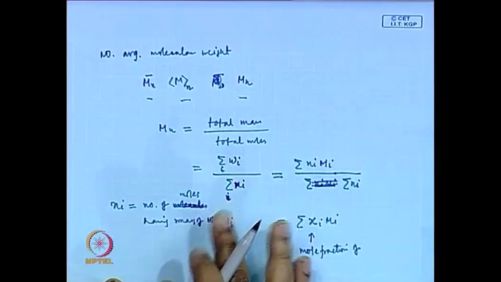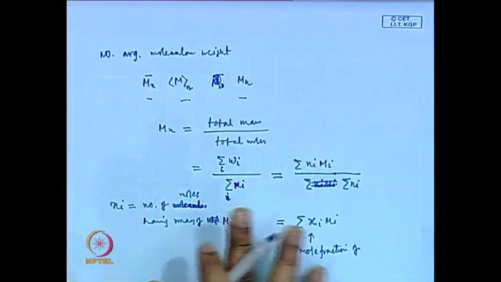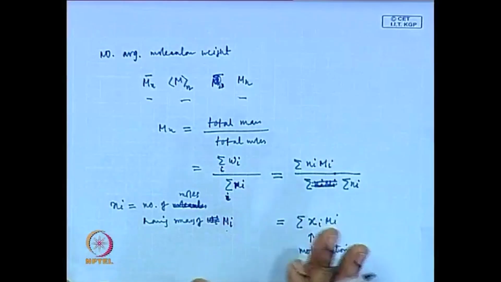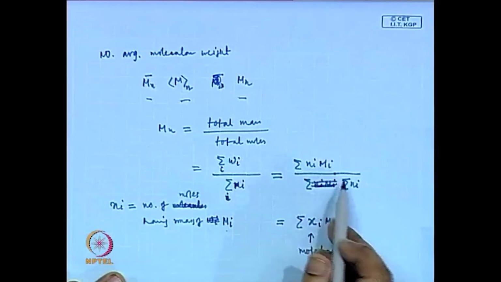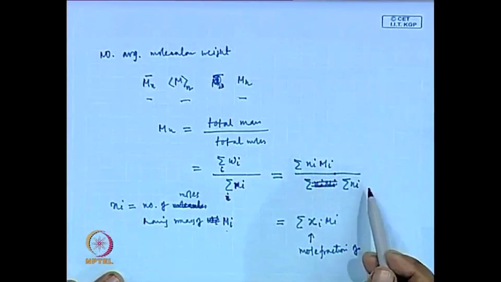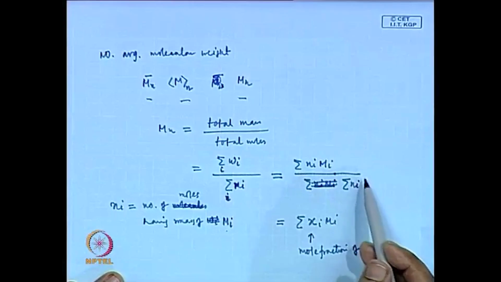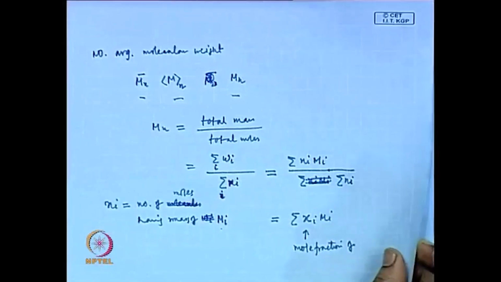So, Mn, number average molecular weight, is simply the arithmetic mean average of your sample. So, you get total mass, sum of Ni Mi, divided by total number of moles, which gives you the molar mass in gram per mole.